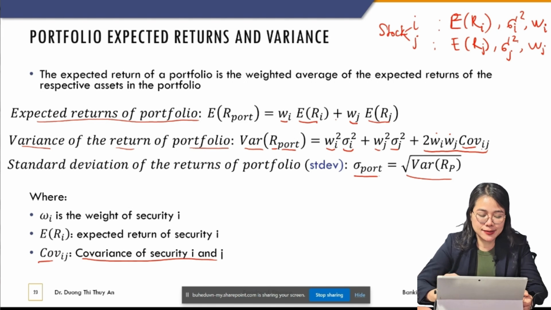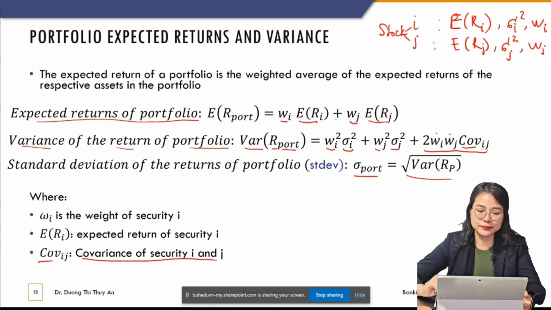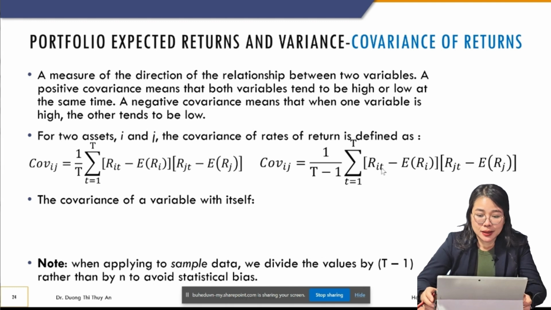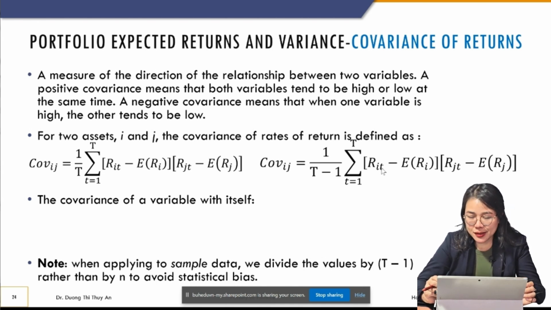And now let's talk about the covariance of securities I and J. What is covariance? Hệ phương sai, like the name, the co means together. So that is the co-movement of two stocks. It measures how much two stocks move together.